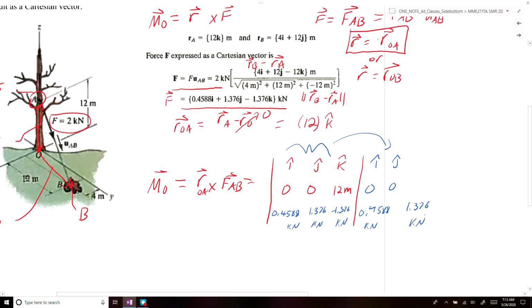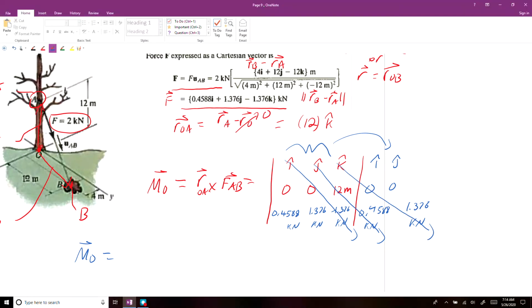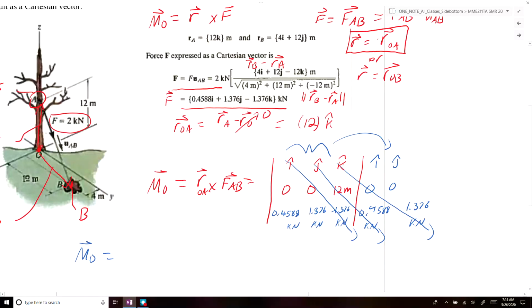Once we do that, we're going to multiply along our diagonals from the top left to the bottom right. What we notice here is that the position vector has a lot of zero terms in it, so it's going to make our calculations pretty simple at the very end.